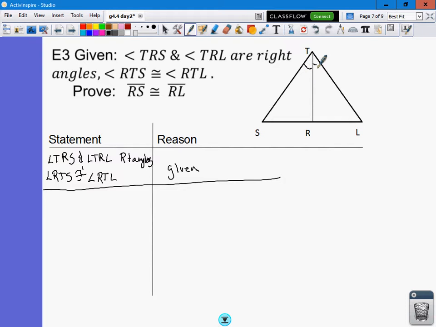RTS congruent to RTL. They told me that these were right angles. Did they tell me that these two right angles were congruent to each other? They are, but don't I have to state it? Yeah. Okay. So, angle TRS is congruent to angle TRL. Why? All right angles are congruent.